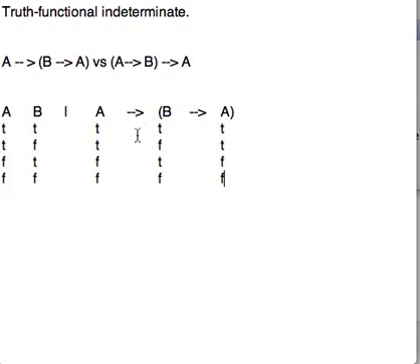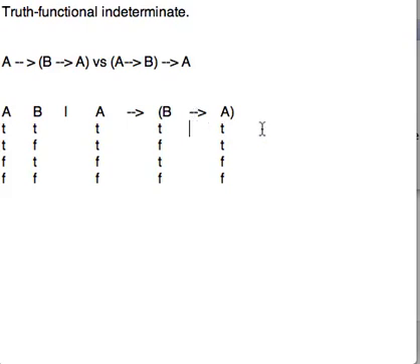And so here's where the difference comes between this sentence and this sentence. The parentheses tell us where we have to look to do our first evaluation. So here we don't evaluate this conditional first, we evaluate this material conditional first.